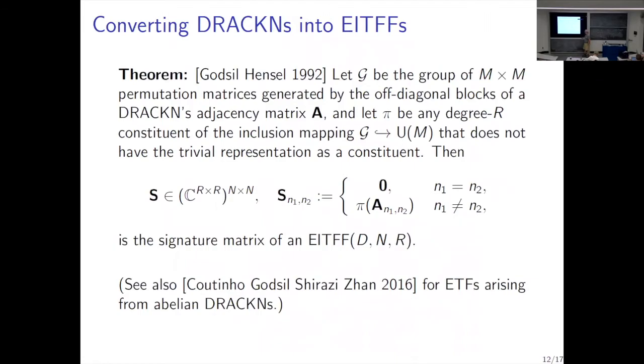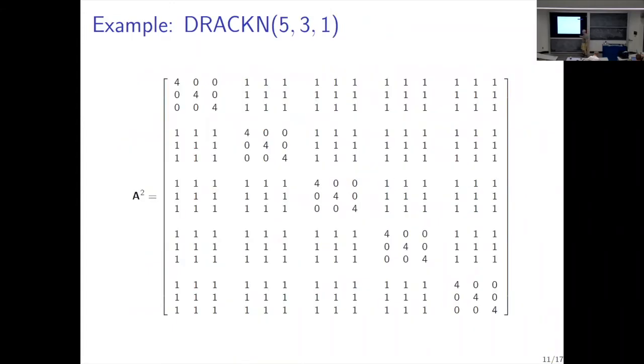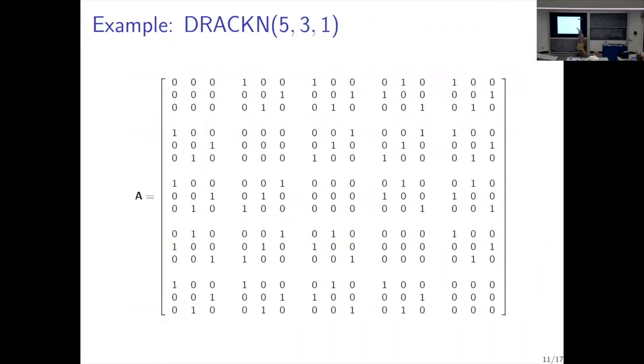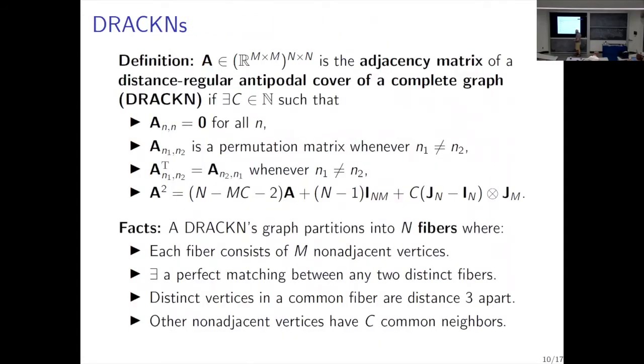You take that group, you take a representation of that group. There's some terminology that goes on here. It is important that the representation you take does not have the trivial representation as a constituent of it. What you have here is itself a representation of that particular group. But because it has the trivial representation as a constituent, when you square this matrix A, you get this other term.